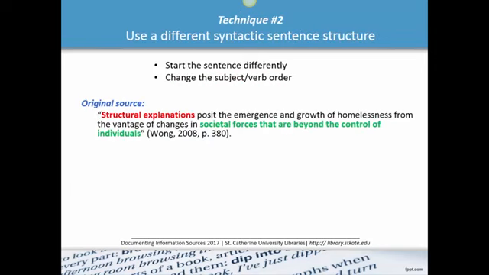Another technique is to change the syntactic structure of the sentence. In other words, this has to do with changing the order of the subjects, verbs, and objects in the sentence. In this example, I focused on what I thought were the main ideas of the sentence, that there are structural explanations for homelessness that are beyond the control of individuals.